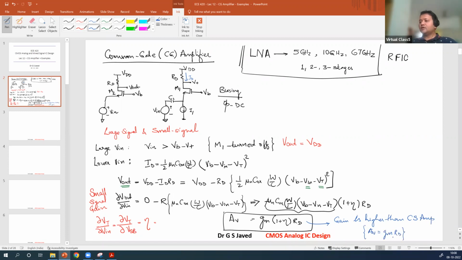Here it is slightly more with the 1 plus eta factor. Second, there is no negative sign here, so it is a non-inverting gain. Okay, so this is the large signal analysis that you are working.